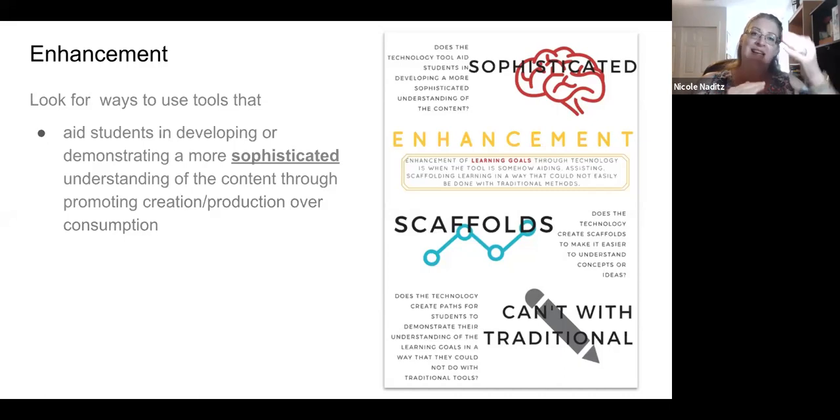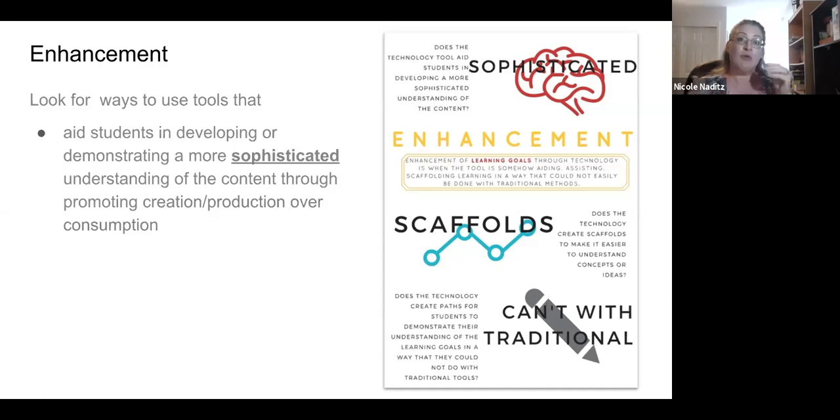So we only get a little bit of the way there, even when we do activities and experiences that combine audio support with visual support, with textual support. That gets us almost there, but until they have to actually take that information and synthesize it and do something with it, they don't know if they understand it. We don't know if they understand it.